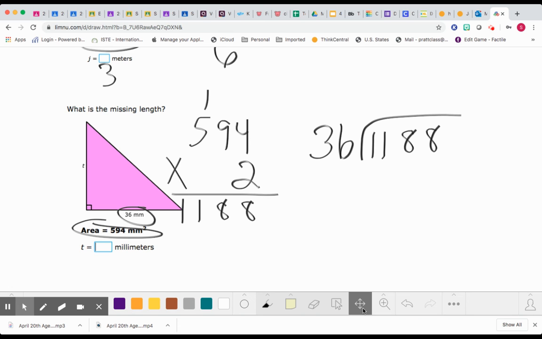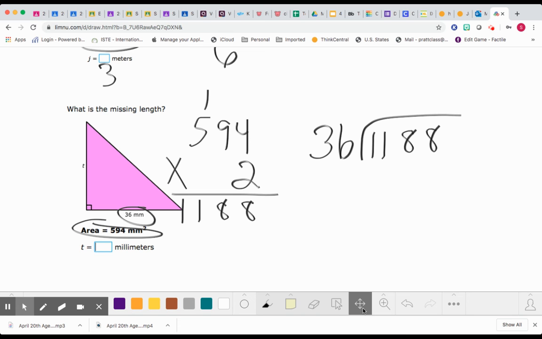So 36 goes into 118 how many times? You'd have to figure out how many times 36 goes into 118. So we're going to figure that out right now.